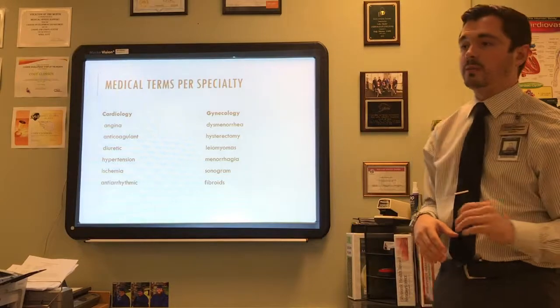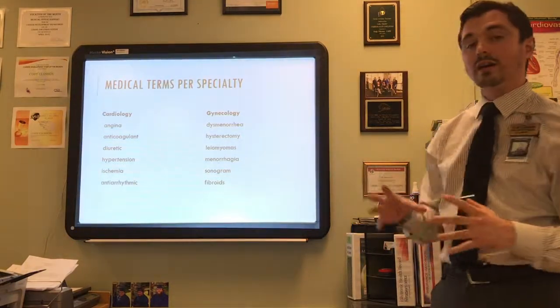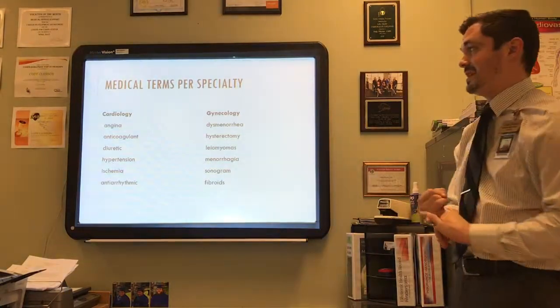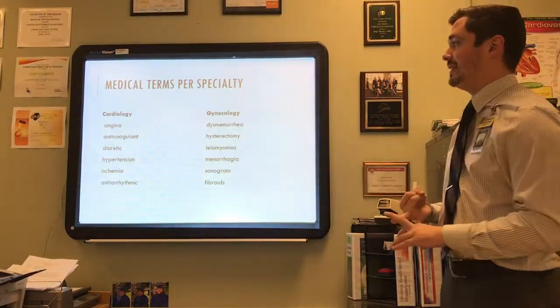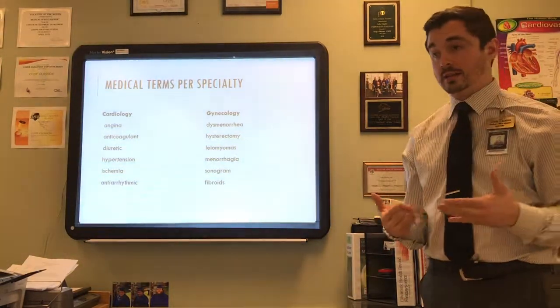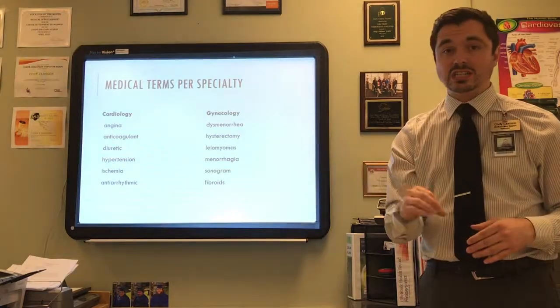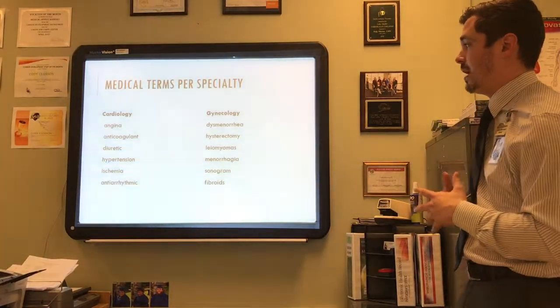So we're just going to go over a couple terms that you might see in the specialties. So if you're working in a cardiology clinic, you'll see the terms angina, which is chest pain. You'll have anticoagulants, diuretics, hypertension, whose abbreviation is HTN. You'll see that a ton, which is just high blood pressure.